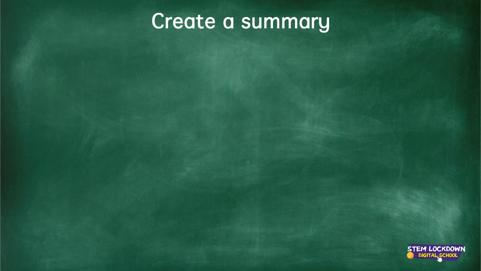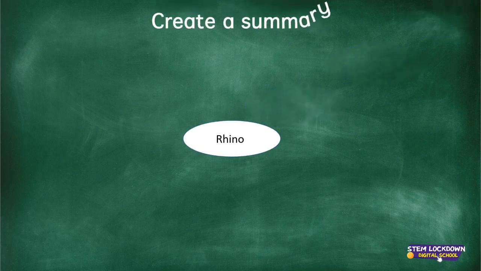Now, I would have asked somebody to actually do this, but let's just do it as an exercise together. I'd like you to create a summary. So, on your page, put a heading in the middle that says rhino. All right, got that? You're going to have rhino in the middle.